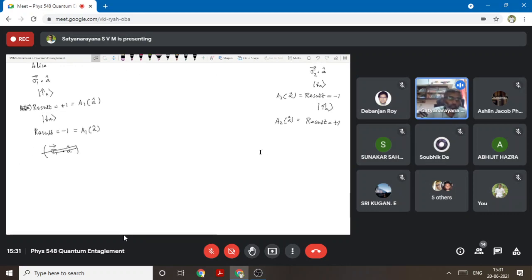Now, I do this several times and get these results, but then I ask what is A1 of A cap times A2 of A cap. If I take the expectation value, the average value of this is always equal to minus 1.